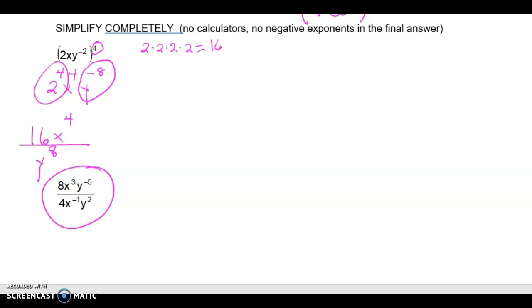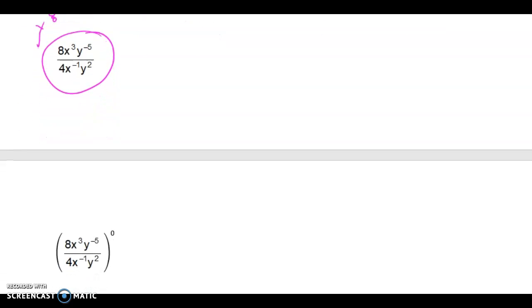All right, here's another one. In this problem, we're going to basically reduce the 8 and the 4. So 4 goes into both. 4 goes into 8 twice. 4 goes into 4 once. We're going to subtract. That would be x to the 3 minus negative 1 and y to the negative 5 minus 2 power.